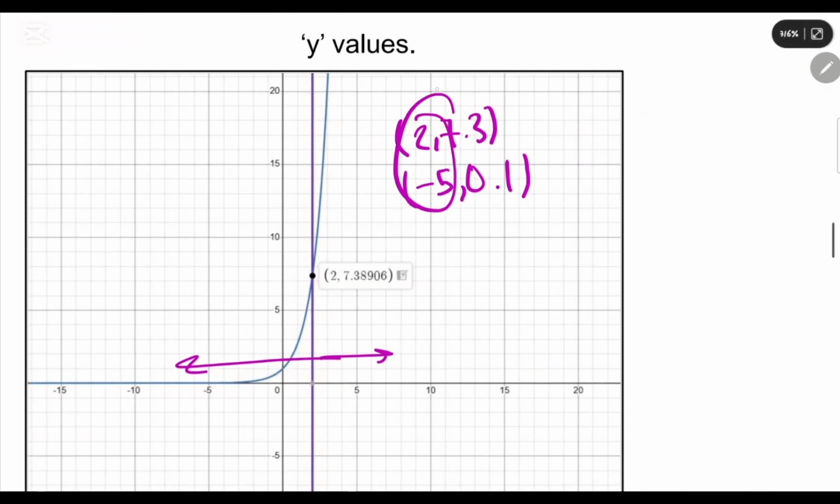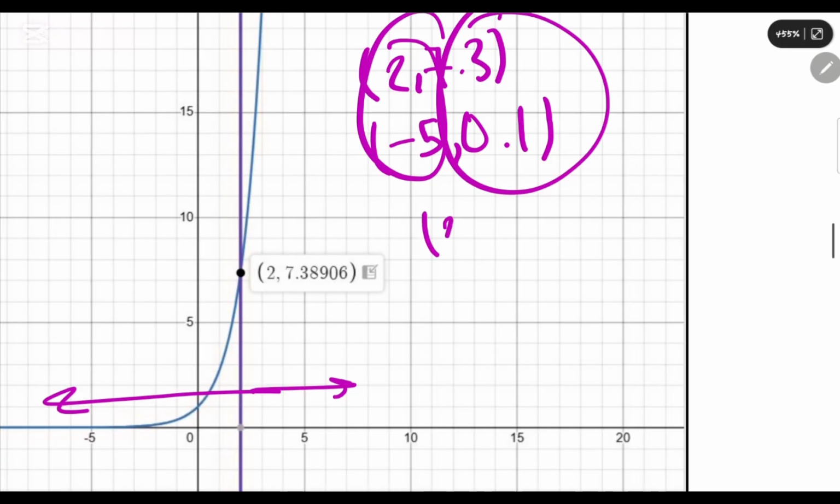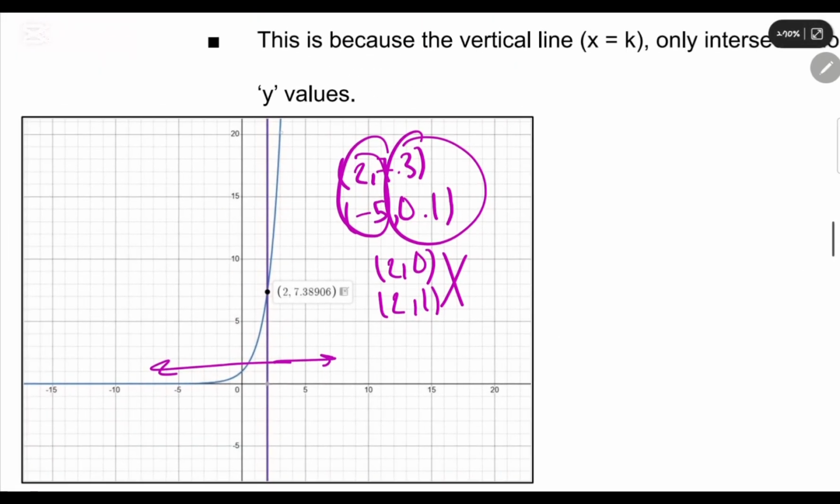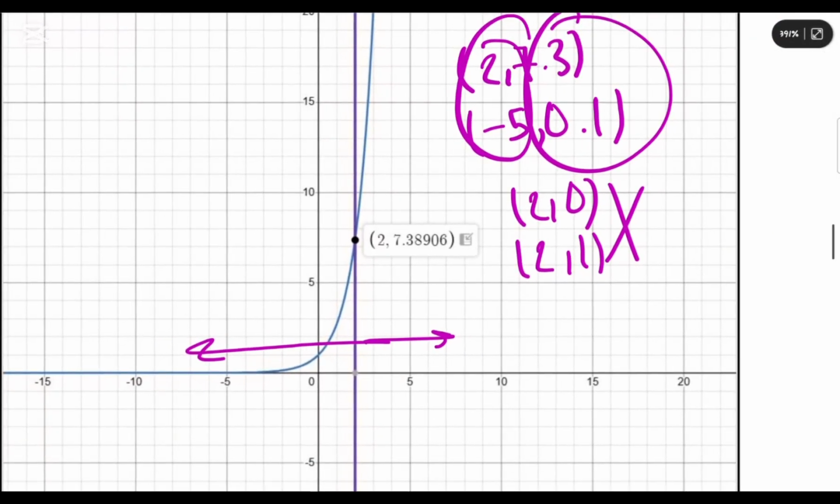These two are different x values, and they output different y values. It's nothing like, I don't know, 2, 0 and 2, 1. This does not happen anywhere in the function, because that will not pass the vertical line test. It only passes the vertical line test if it's a function.